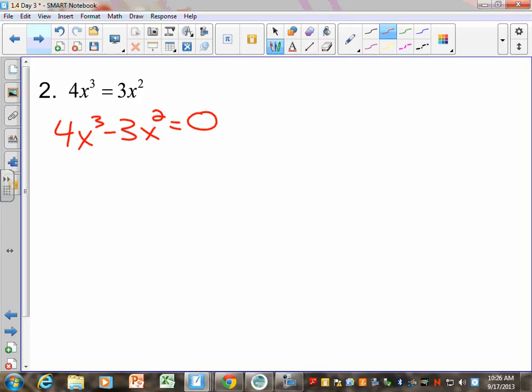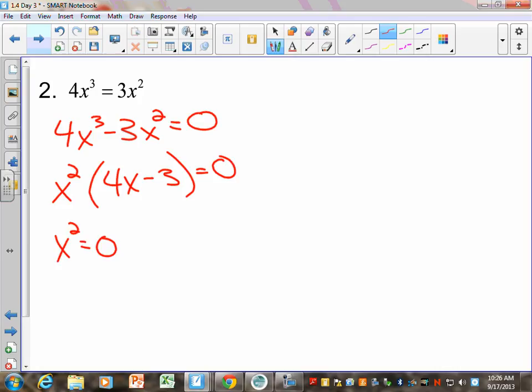Yeah, we can factor out an x squared on this one. And I'd be left with 4x minus 3. And then just like the last one, can I just set both of those equal to 0? And I get x squared equals 0, which I'm just going to take the square root of both sides.